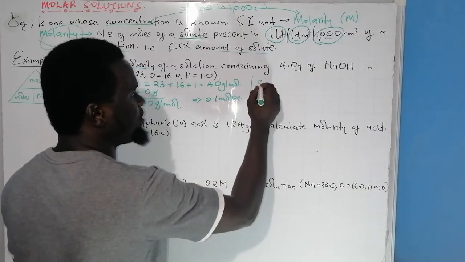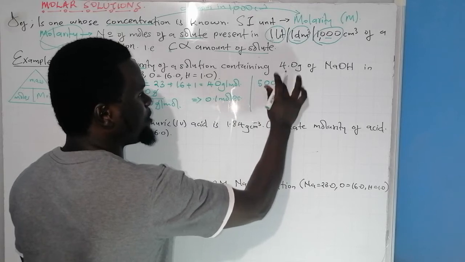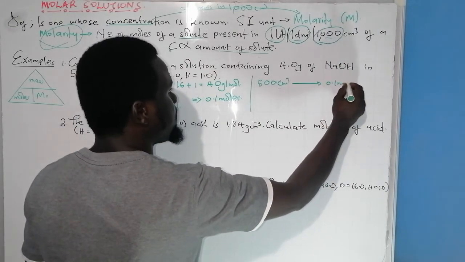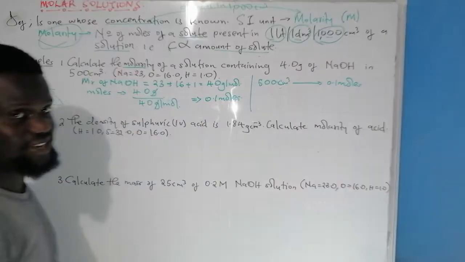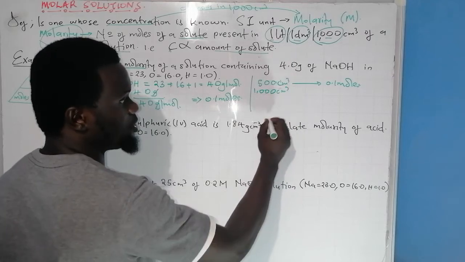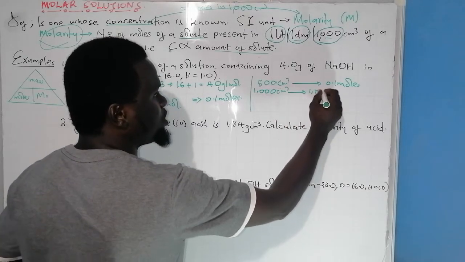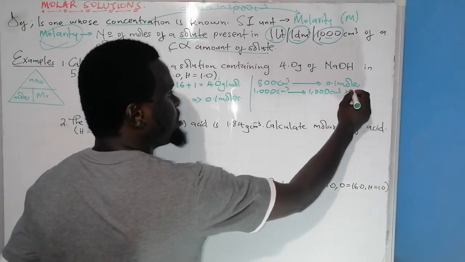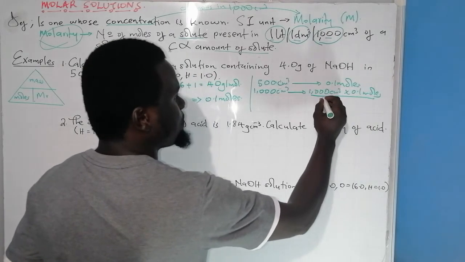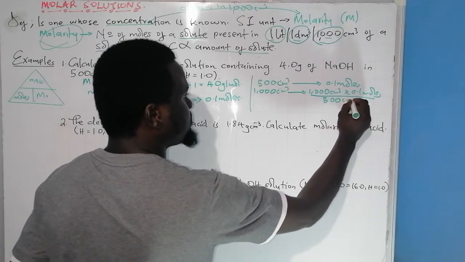If 500 cubic centimeter of a solution contains 0.1 moles of sodium hydroxide, how about in 1,000 cubic centimeter of a solution? It will be 1,000 cubic centimeter times 0.1 moles divided by 500 cubic centimeter.